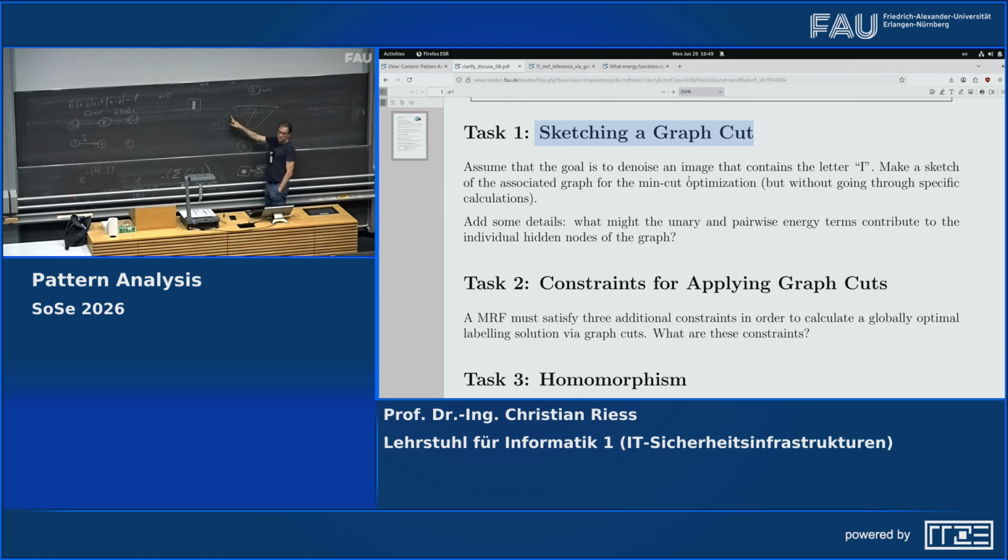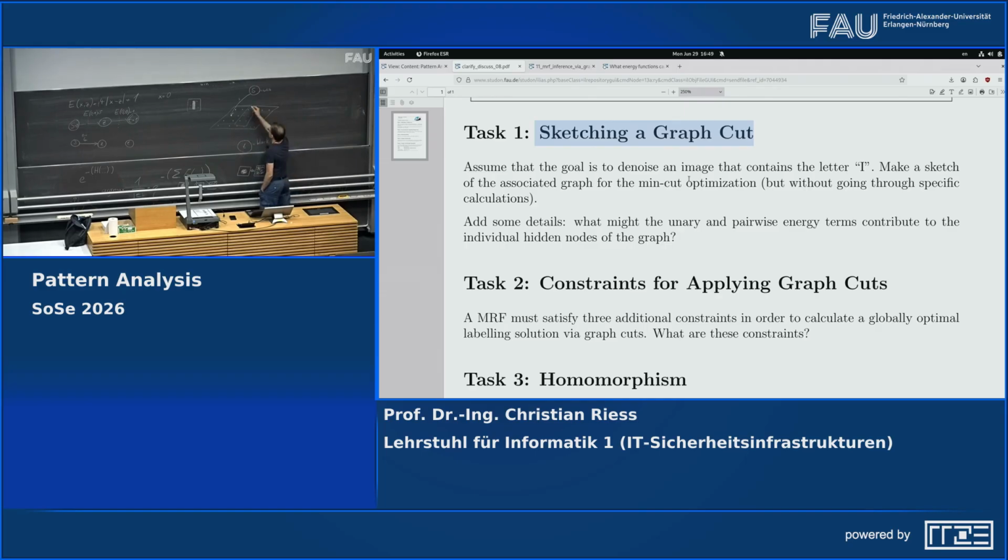If we have a white pixel here, then it would be cheaper to cut down here because it's white. So for a unary potential, we would only include an edge from the source to this white pixel. For example, if this would be the cost function, it would be with a cost of 4 or so. To say, there might be reasons to cut here, but if you do so, it costs 4.